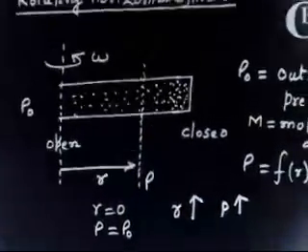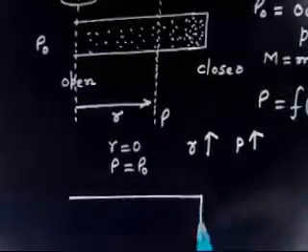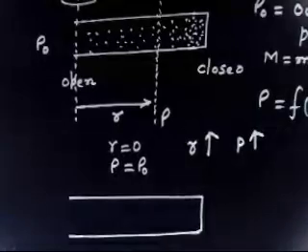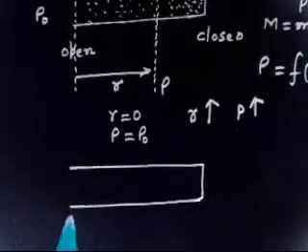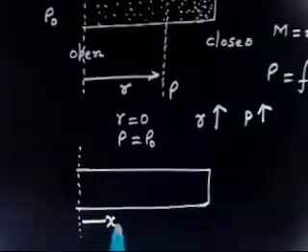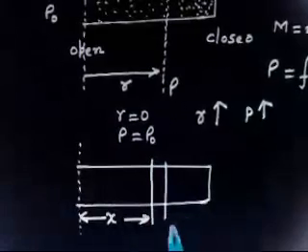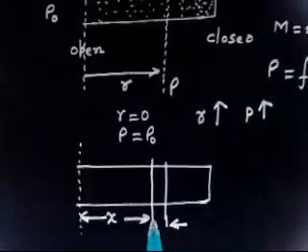Let us consider the equilibrium of a small part of the air. So this is my cylinder, and this is the vertical axis. Let us say at a distance x, I consider an air column of thickness dx.